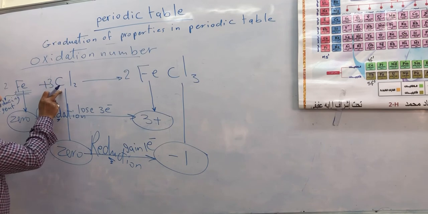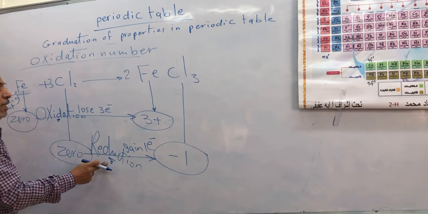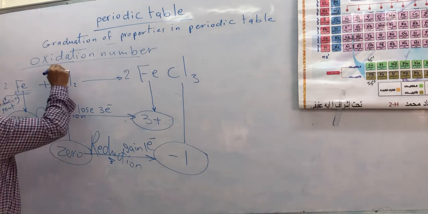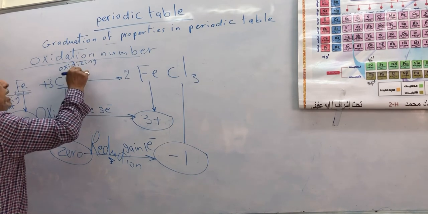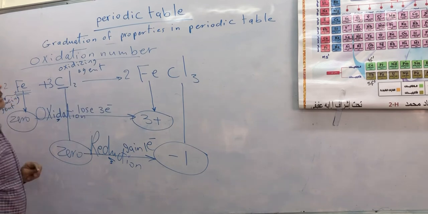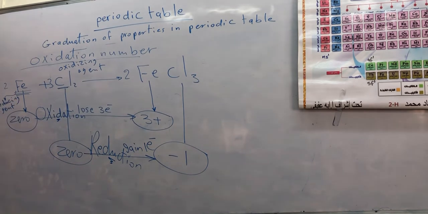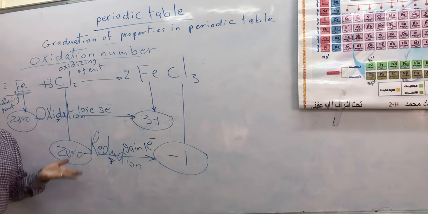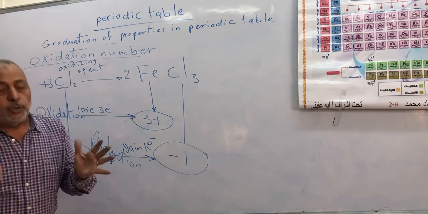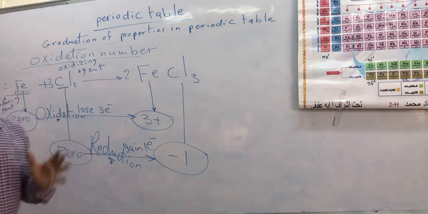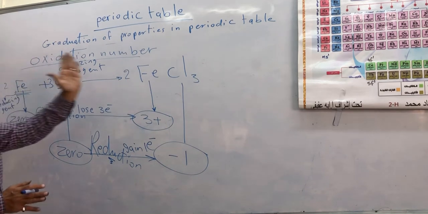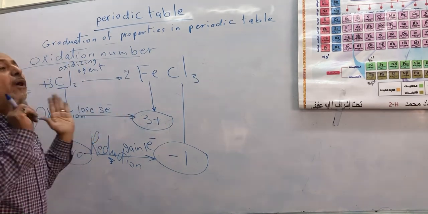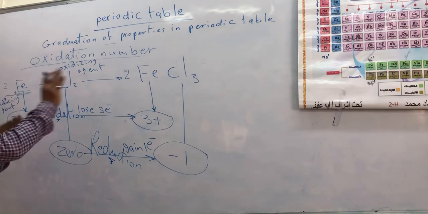The element whose reduction happens is called the oxidizing agent. This is a very important question, and its calculation is very easy. We calculate the oxidation number for each element before the reaction and after the reaction to show what happened to it, loss or gain.